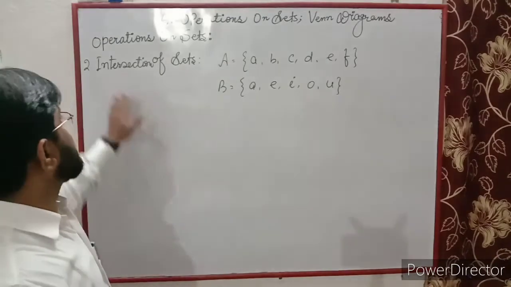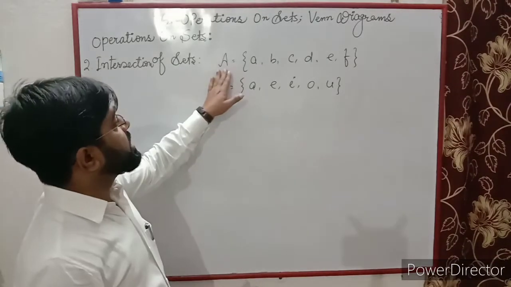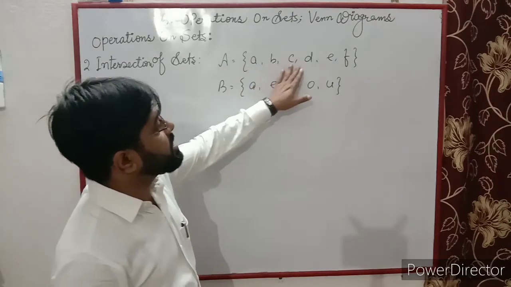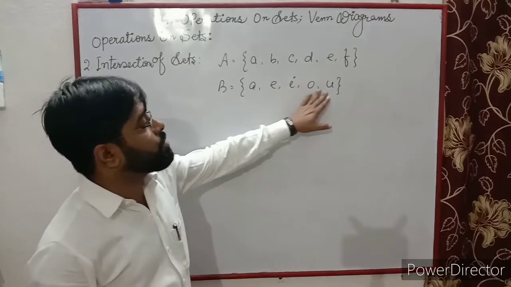Now second, intersection of sets. Suppose we have two sets, set A having elements a, b, c, d, e, f, and set B having elements a, e, i, o, u.